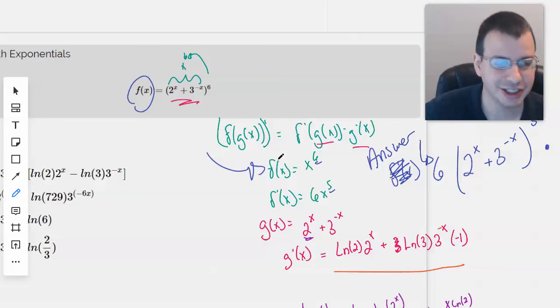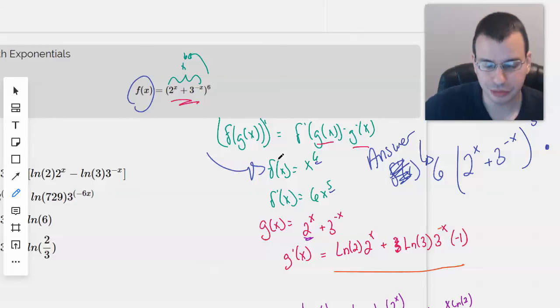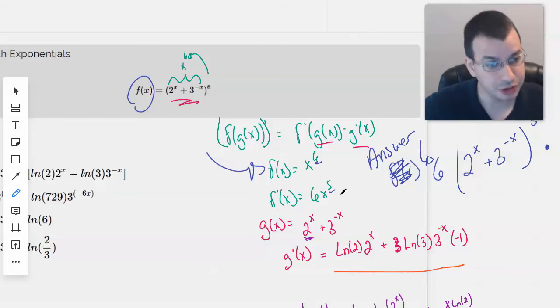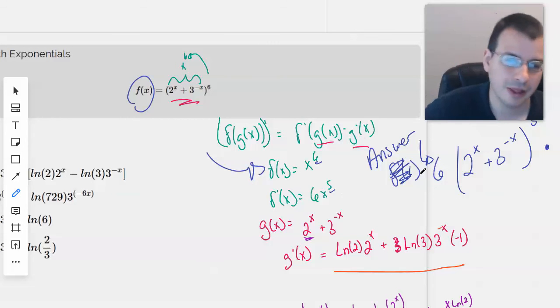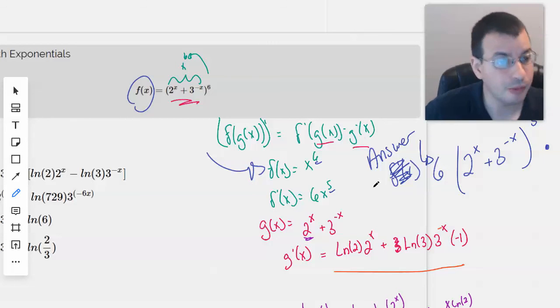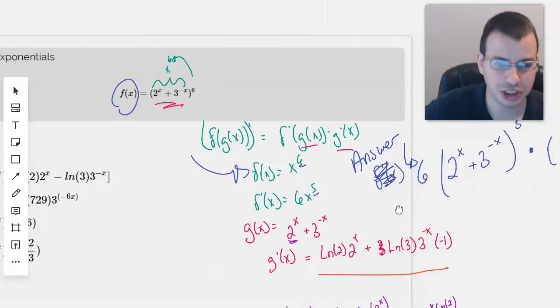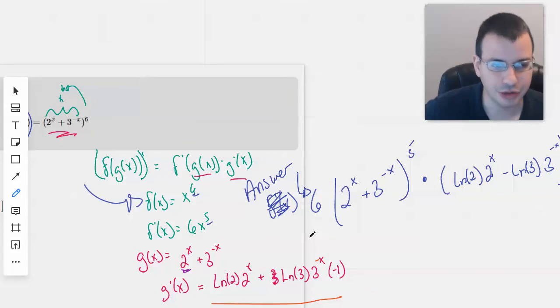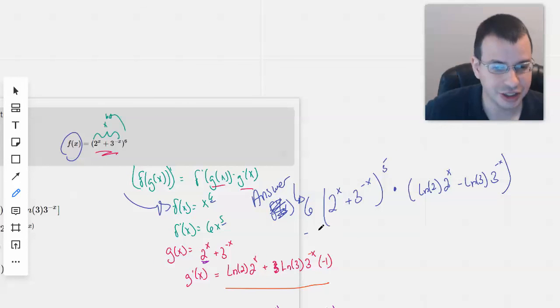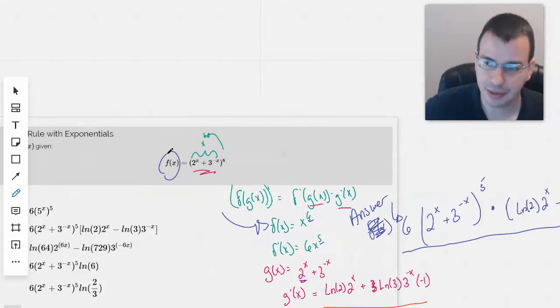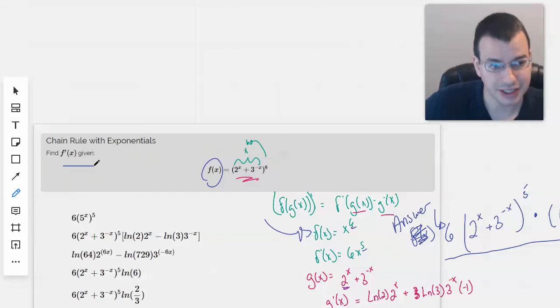And so that kind of gets cumbersome. Like, wow, I should really pick different variables every time I do the chain rule. True. That is a good suggestion. I probably won't take it, but it's good advice. So the answer is this, which is f prime of x, what the problem is asking for.